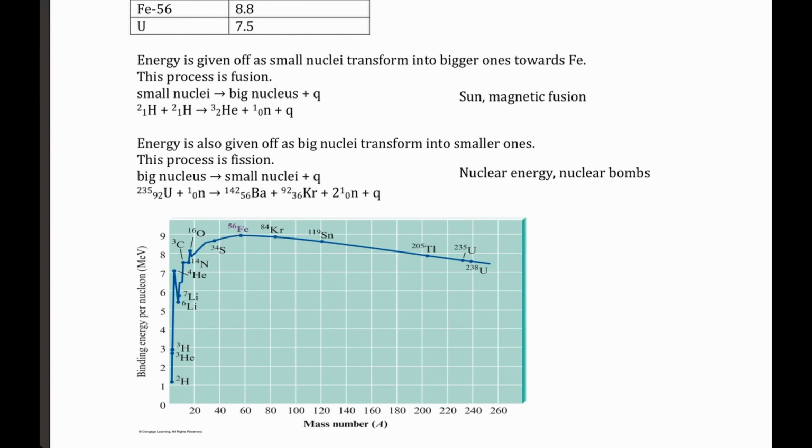It's also the process that occurs in nuclear bombs. I show an example of uranium-235 being hit by a neutron that sets it off to be unstable, and in this reaction, it is producing the barium-142 and krypton-92, several neutrons plus lots of energy.